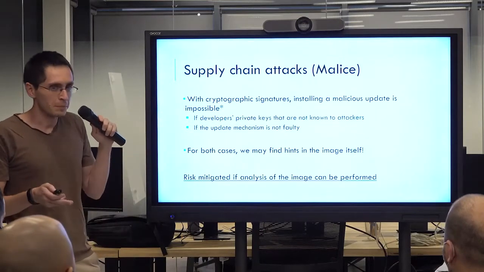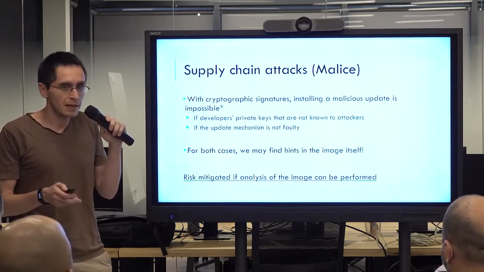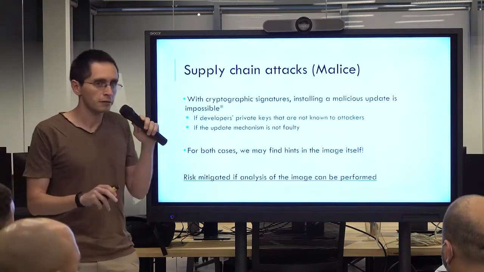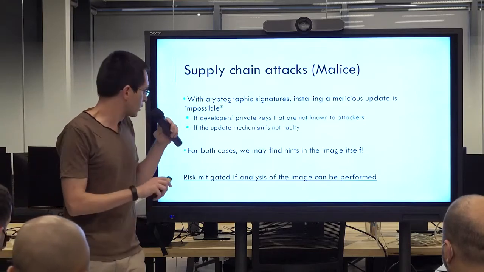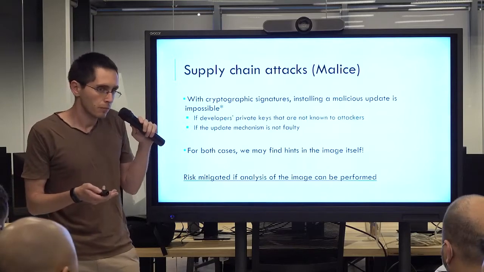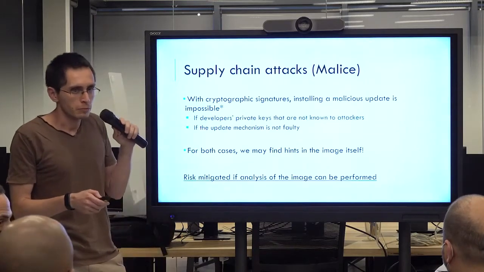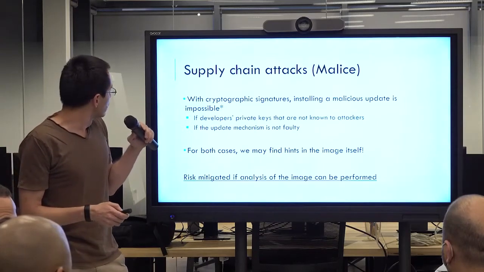Both cases are possible, and in both cases you would see some signs of something going wrong in the binary image. I'll show you an example. And for this case as well, our claim is that if you could look into the image and analyze it, you could prevent some of the problems.